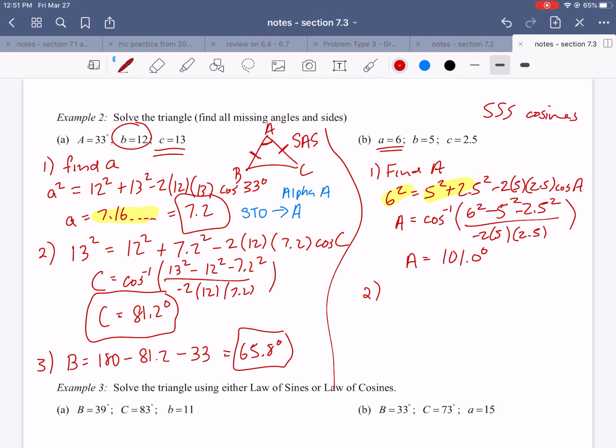Okay, we're going to find the next biggest angle next, so that would be B, since that's the next biggest side. So we're going to find capital B now. That means we're going to set up the formula so that B squared is on the left.